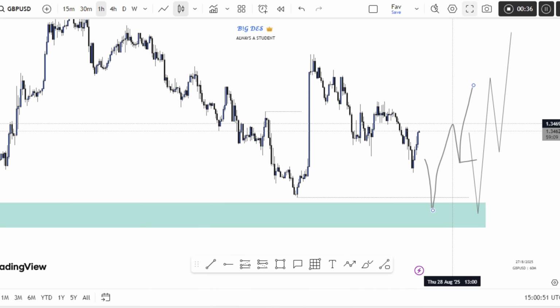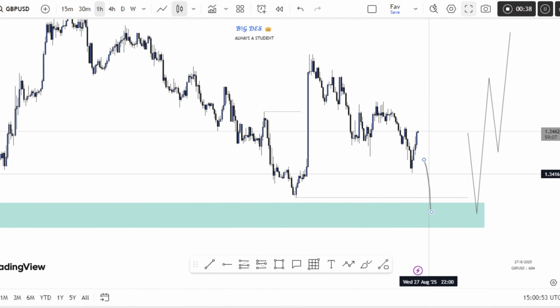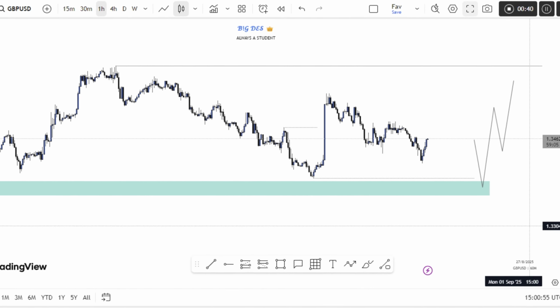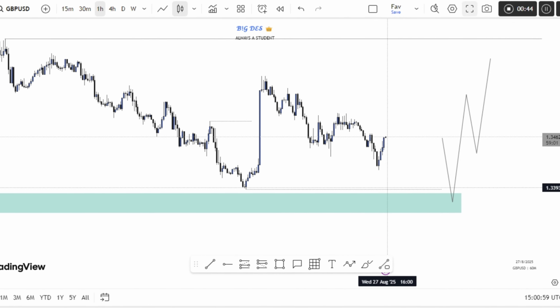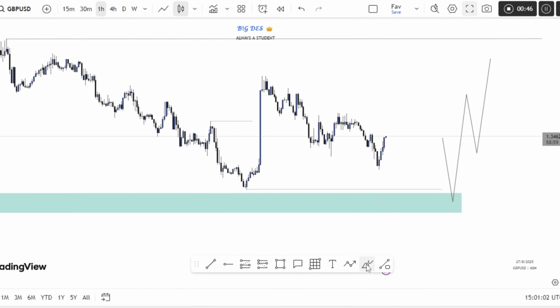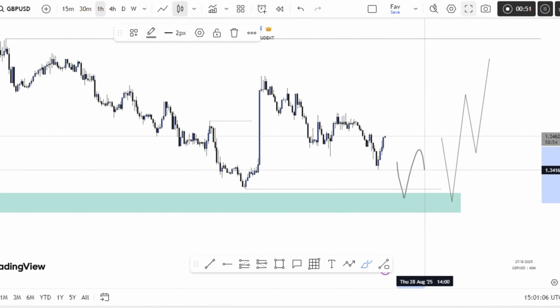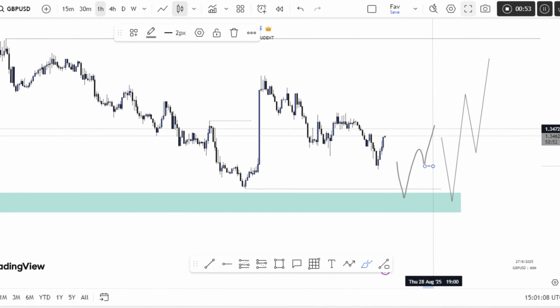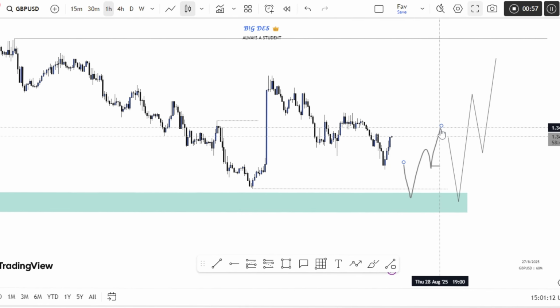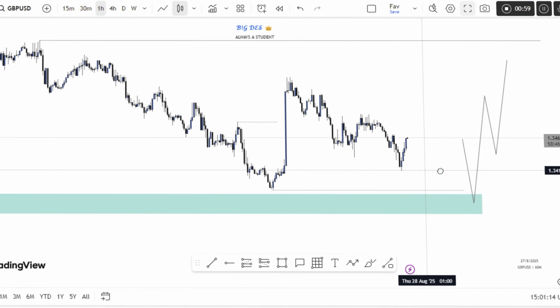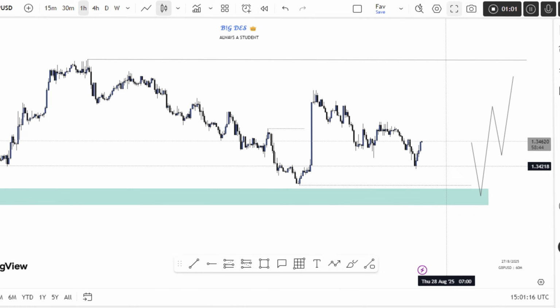That's if the market doesn't intend to reverse on us. If our bullish bias is still intact, we are most likely going to take out these lows before the market gives us the continuation. So you wait to see what's going to happen, and then you do what you want to do.